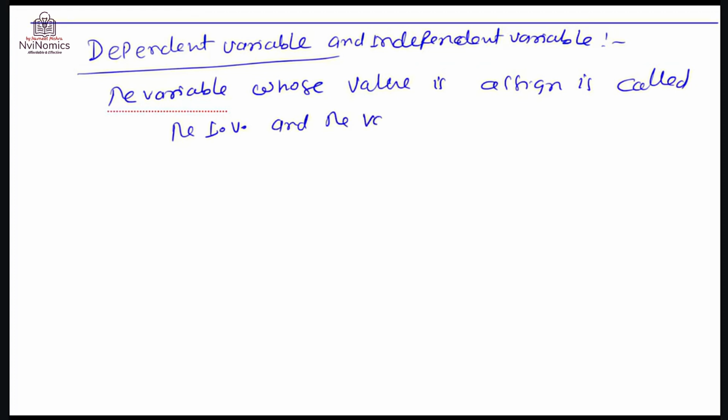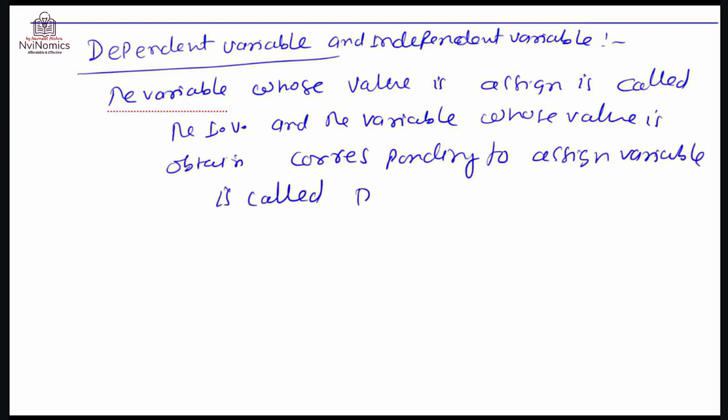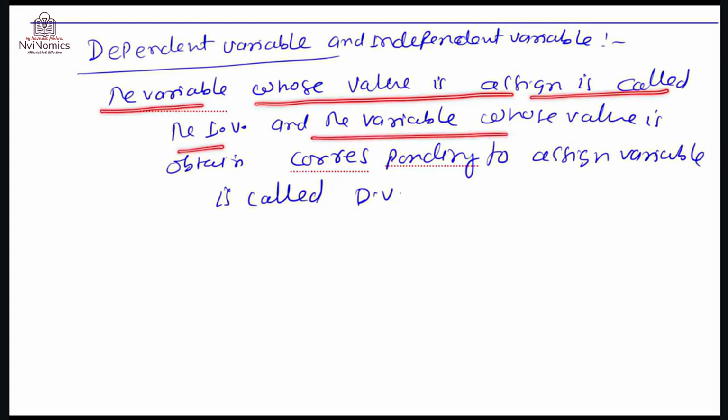And the variable whose value is obtained corresponding to the assigned variable is called the dependent variable. So here, look, the variable whose value is assigned is called the independent variable, and the variable whose value is obtained corresponding to the assigned variable is called the dependent variable.